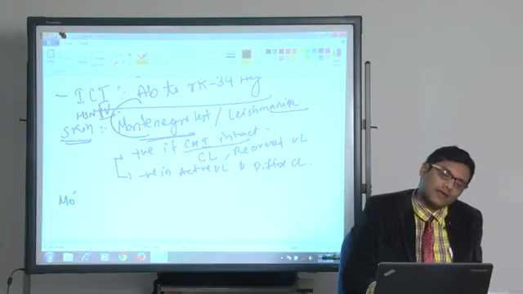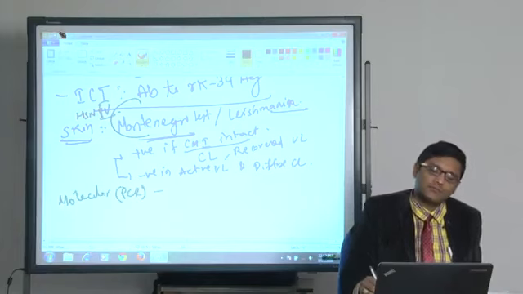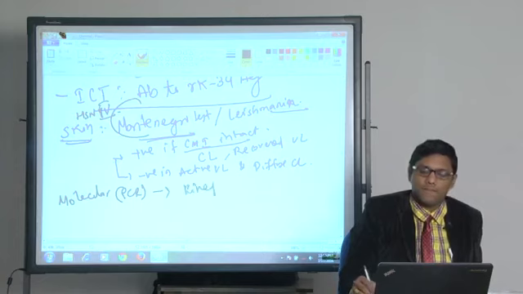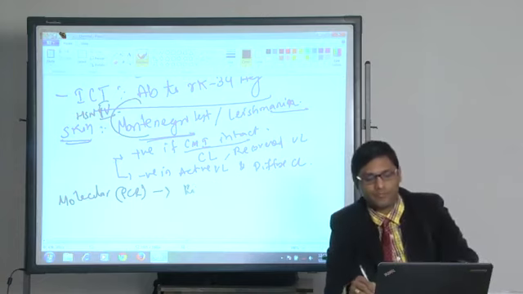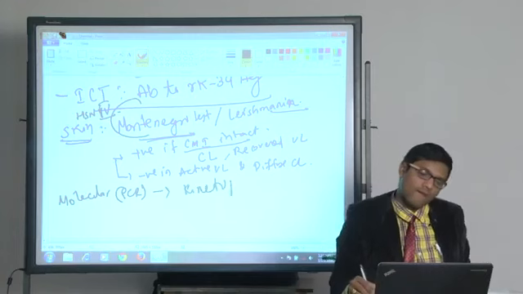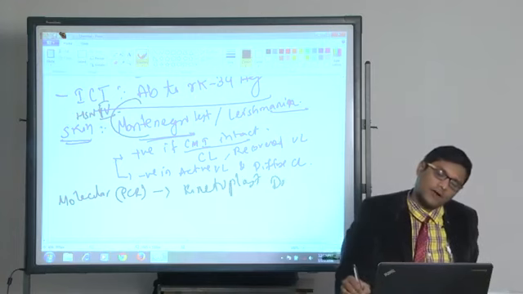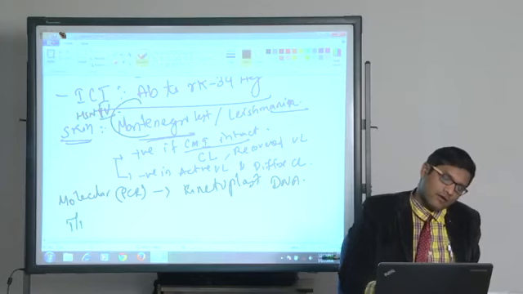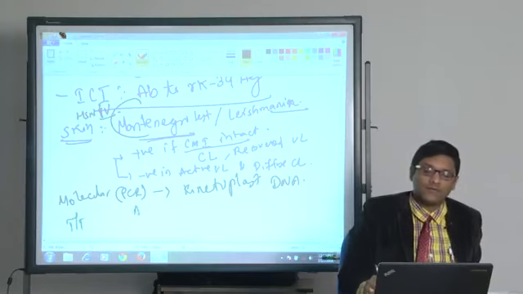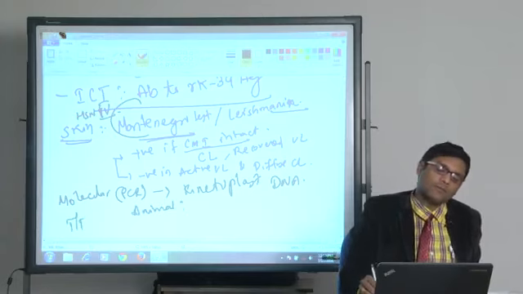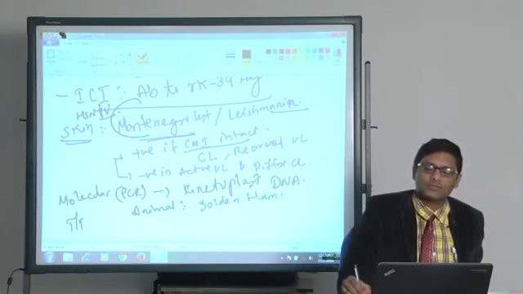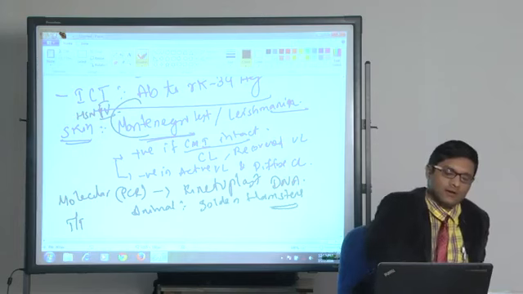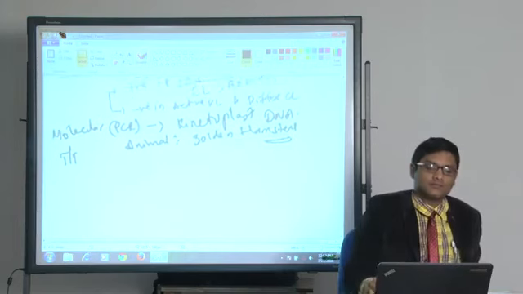Molecular tests like PCR can be done to detect the kinetoplast DNA. And of course the animal model will be golden hamsters. Golden hamsters are the animal model for leishmaniasis.